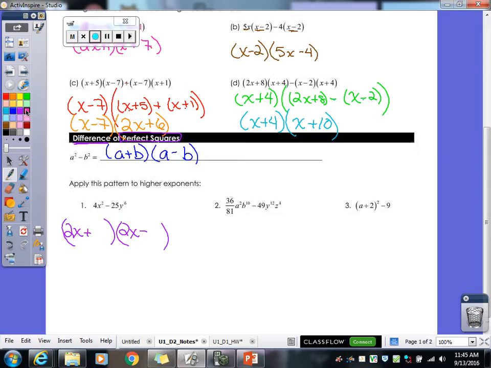And then what multiplies to give us 25? 5 and 5. And then again, just divide your exponent in half. So it would be 5y to the third, 5y to the third. We'll add that little rule up here. Divide exponents by 2.